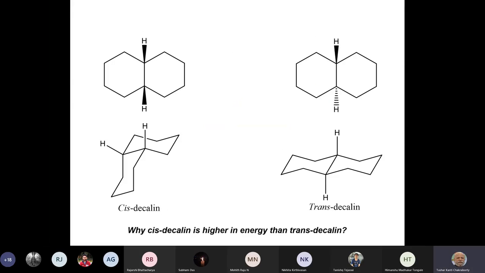I have asked you to look into the structures of cis-decalin and trans-decalin, where cis is energetically higher than trans-decalin. In these cases also, you should be able to draw the Newman projection very clearly. Suppose you take this bond and this bond in trans-decalin.